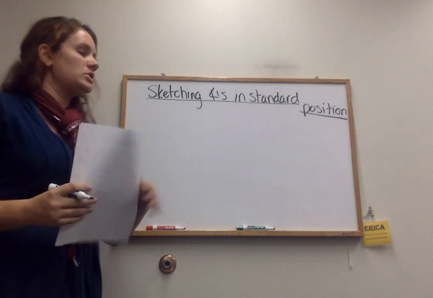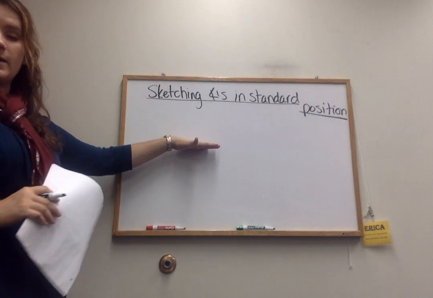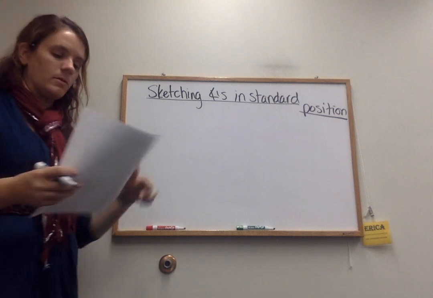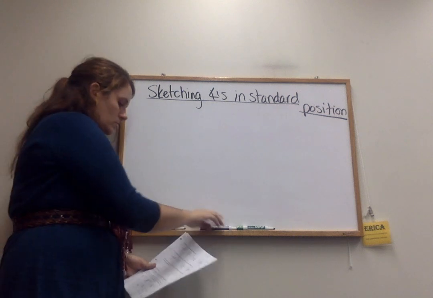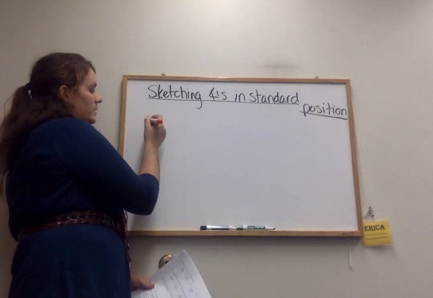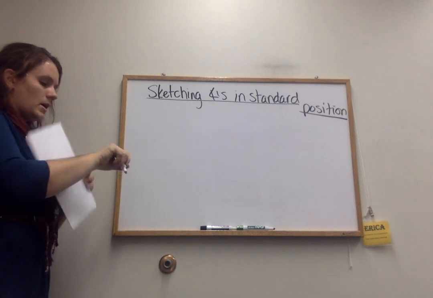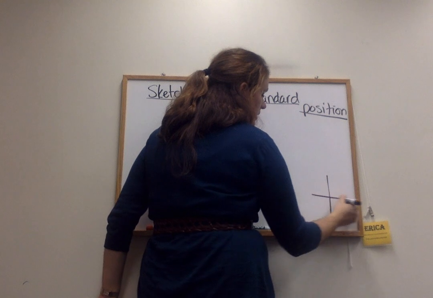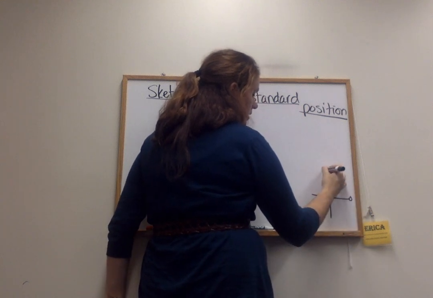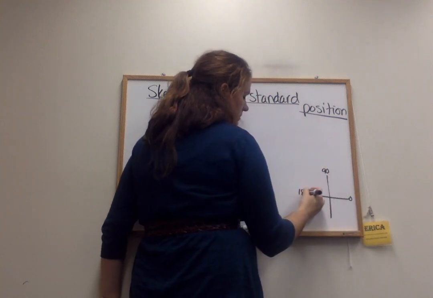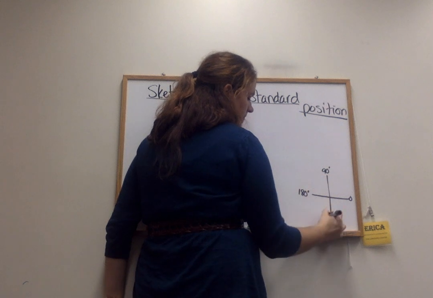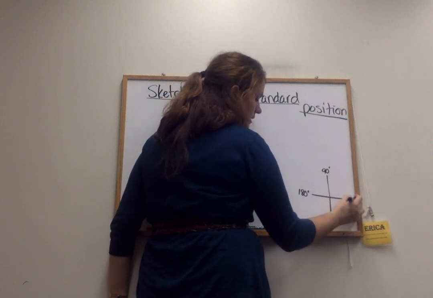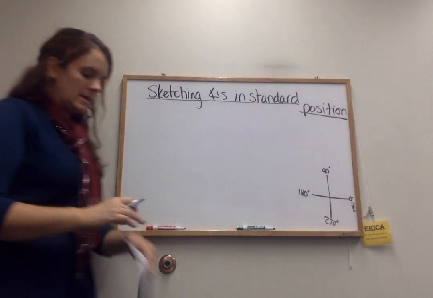And standard position just means that your initial side is starting on that x-axis and then we're moving in the counterclockwise, in the backwards direction. And we'll look at a few different examples of these. I'm just going to put this over here as a little reminder of what our quadrantal angles were. And we'll start with the degrees. Those will be our first few examples.